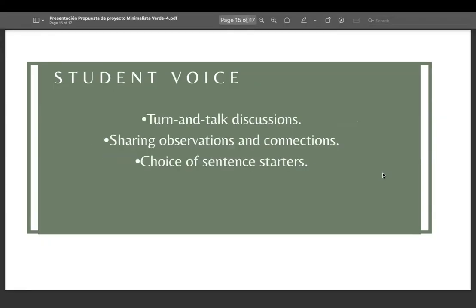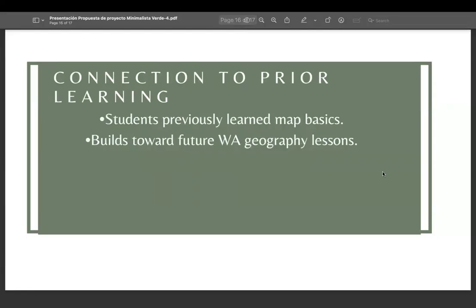For student voice, they can turn and talk, have discussions, share observations and connections, and choose sentence starters. The connection to prior learning is that students previously learned map basics, so they already know what a map is and how to use one. It's not too new for them.